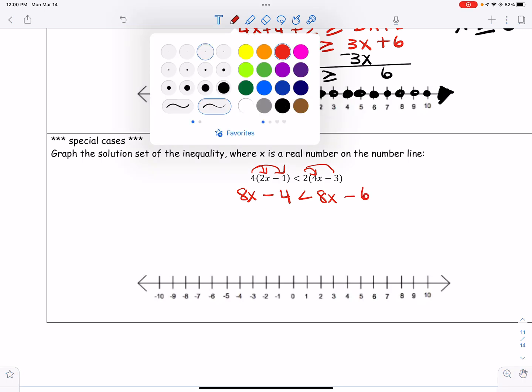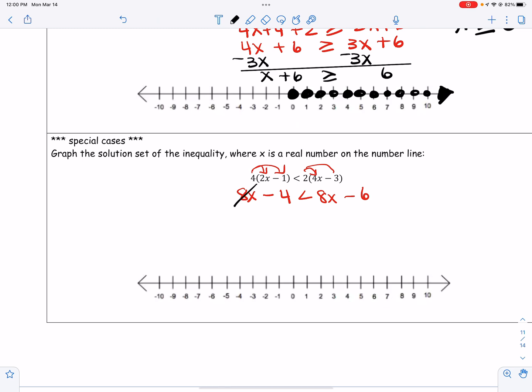And so when I have the same number of x's on the left and the same number of x's on the right, they will cancel out. And now I have negative 4 is less than negative 6, which is not true.